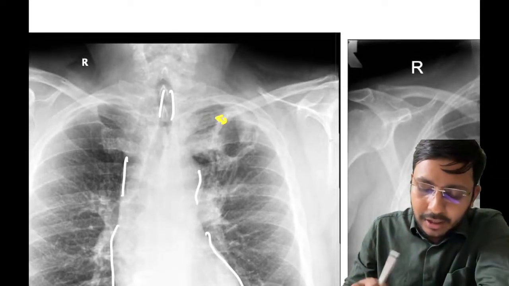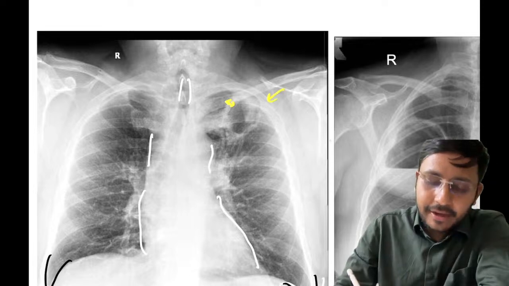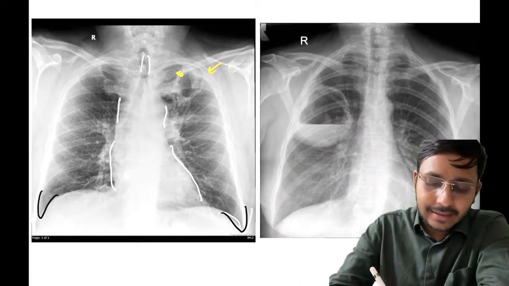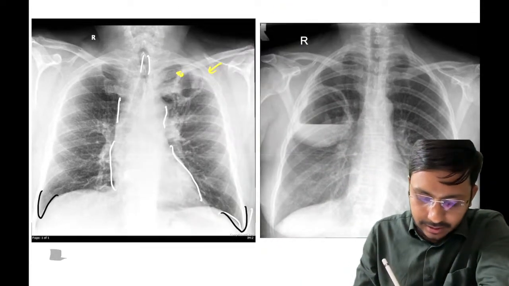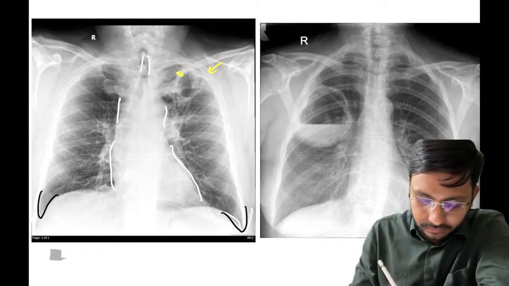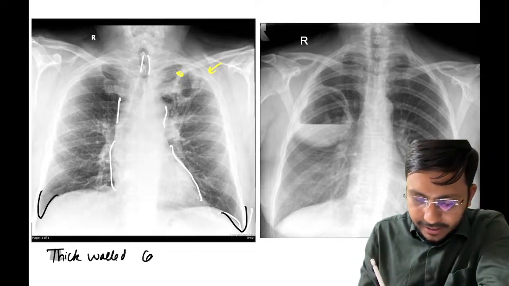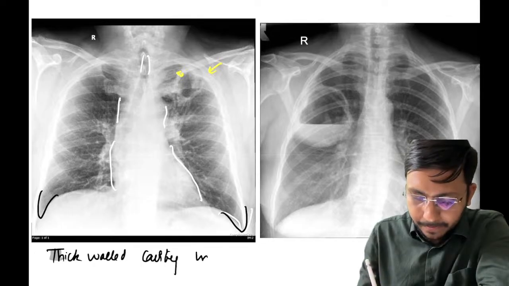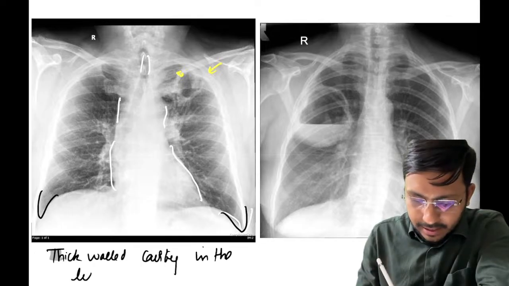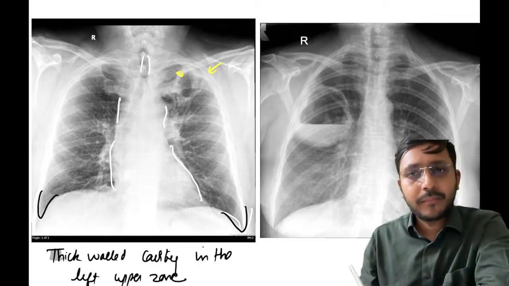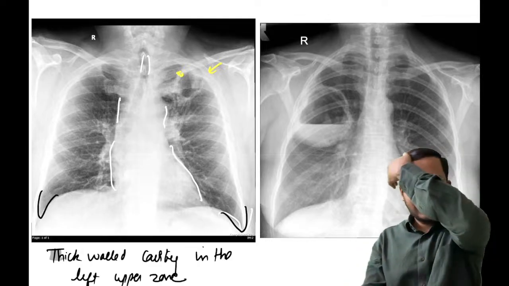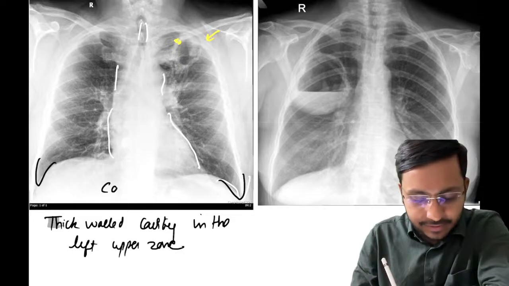This is a thick walled cavity in the left upper zone. How will I describe this? Thick walled cavity in the left upper zone. Right? So this is a cavity. I'll label this as a cavity. That's all.